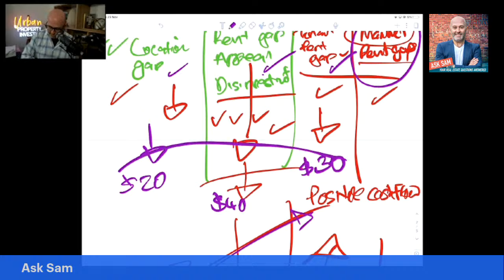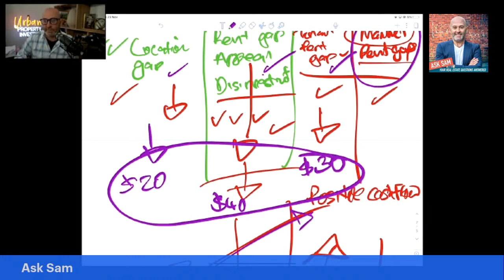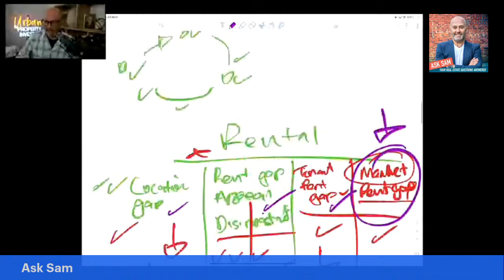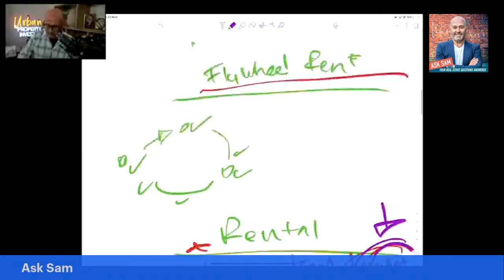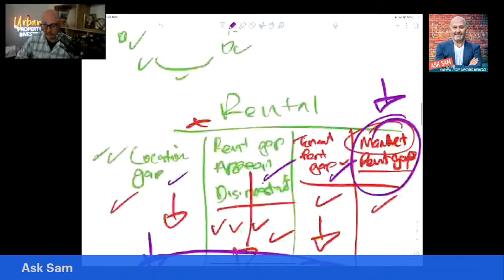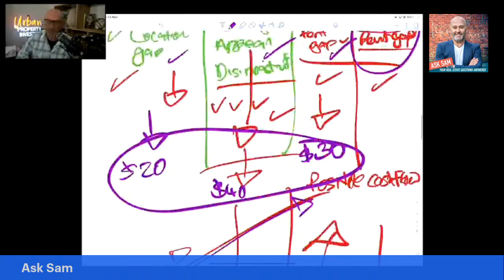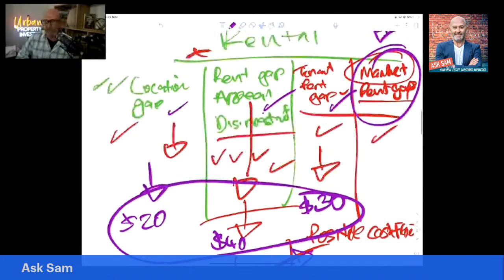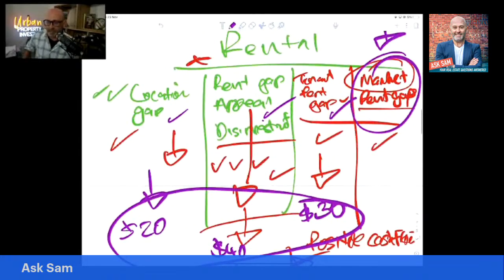All of a sudden, this stuff here is $100. That's $5,000 a year. The ability to borrow more money also becomes a challenge. So the best way around that is the flywheel. Just good location, good tenants, a good appealing property, and of course, ideally the market is going in the right direction.